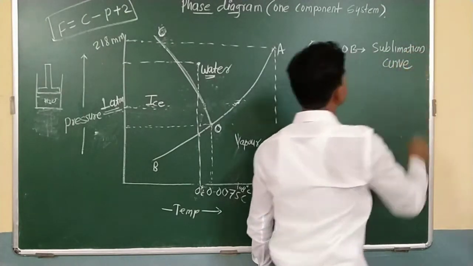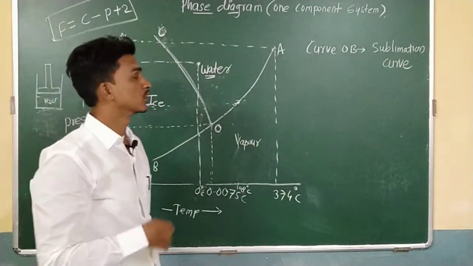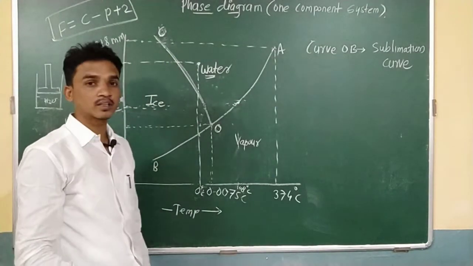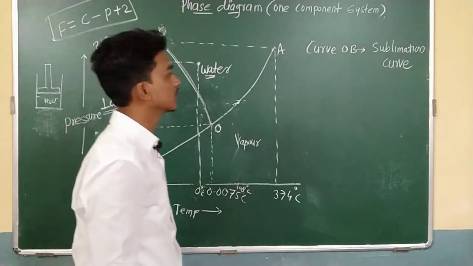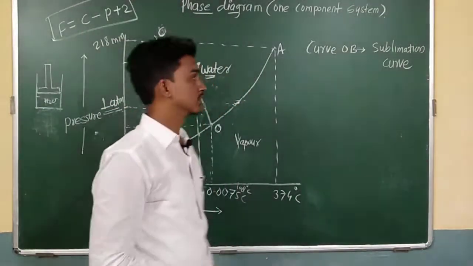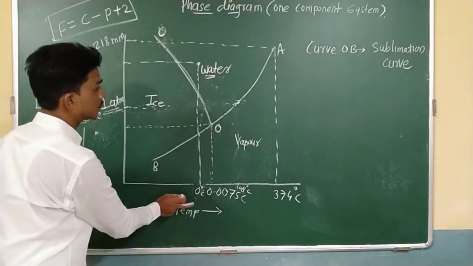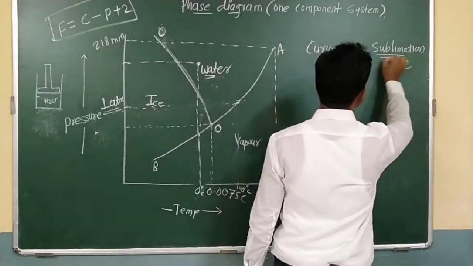You know the meaning of sublimation. Sublimation means that a solid is directly converted into the vapor state, not into a liquid first. Normally every solid gets converted into liquid, and after that it gets converted into vapor state.